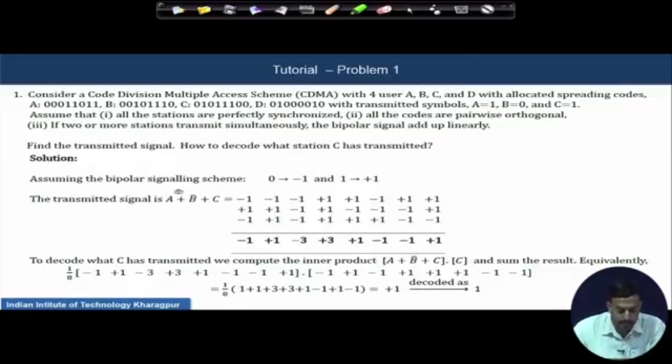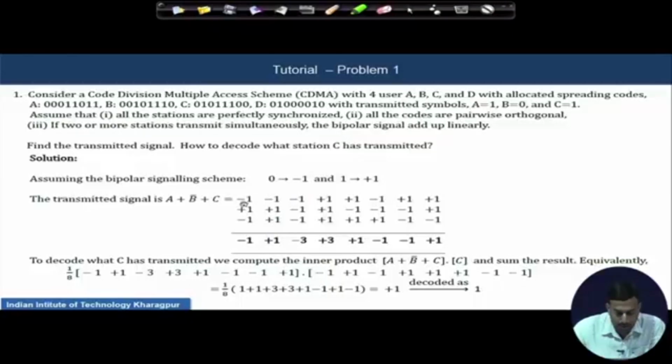So as I said, the bipolar signaling scheme that we assume is that binary 0 is mapped to a -1 and a binary 1 mapped to a +1 signal level. The transmitted signal, which is the linear combination or addition of the 3 signals, is given as shown.